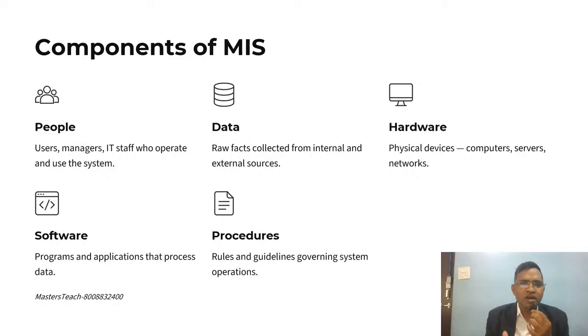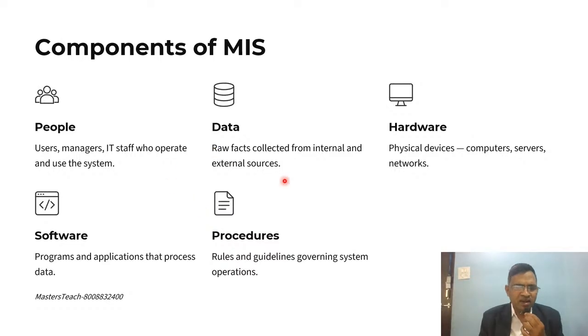Okay, components of MIS. It consists of people, data, hardware, software, and procedures. The people component means those who use this management information system: managers, IT staff, and the people who use it.